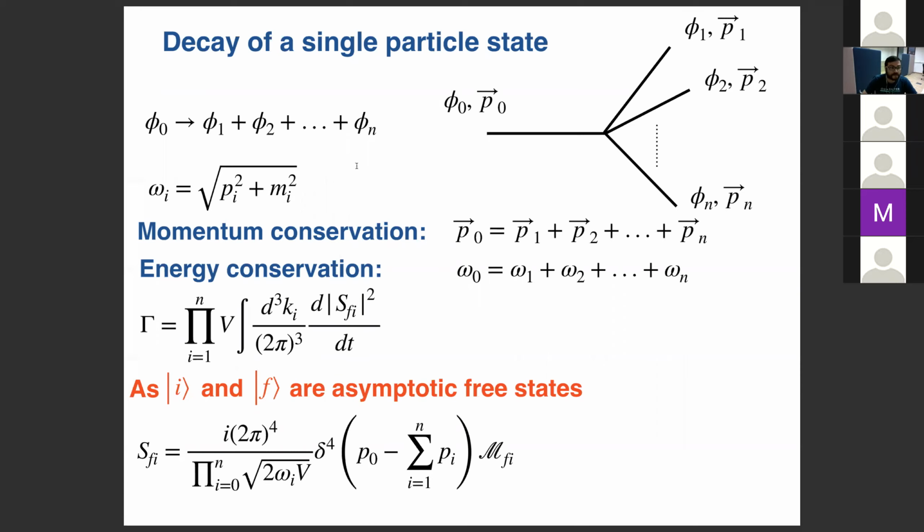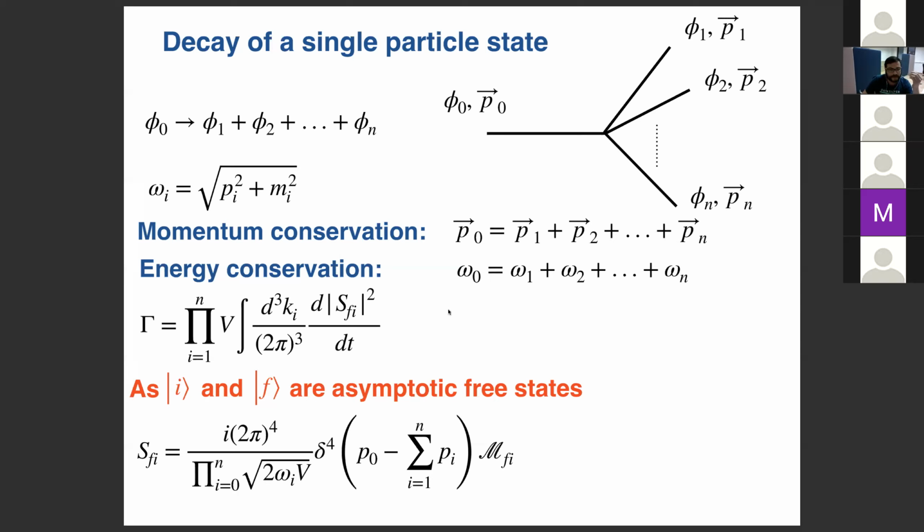In this case, when we have just a single particle state, the decaying particle is just a single state, and after it decays, we will have other asymptotically free states, which are the produced particles. Then in that case, this omega corresponds to the energy of these particles and the energy of the incoming particle, because they are free in the final state.